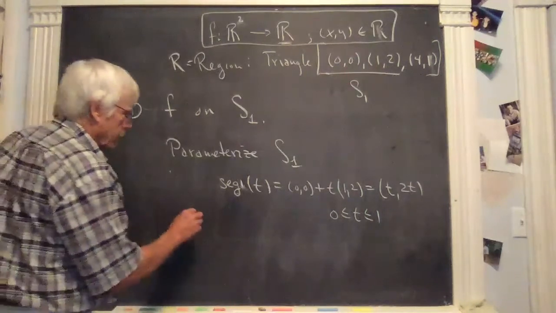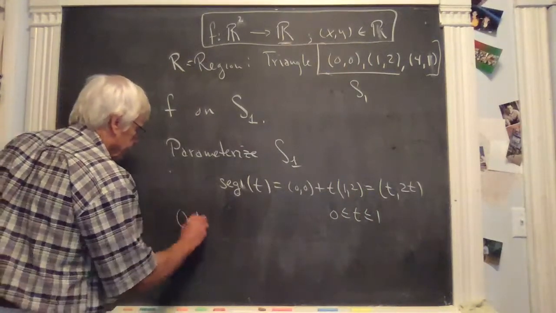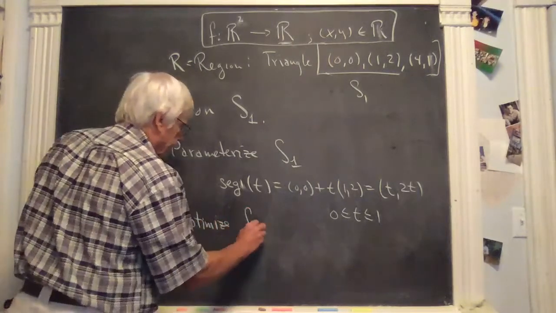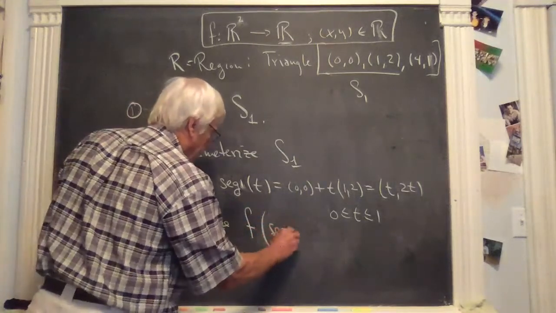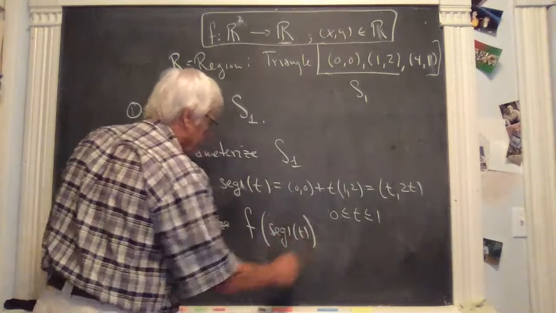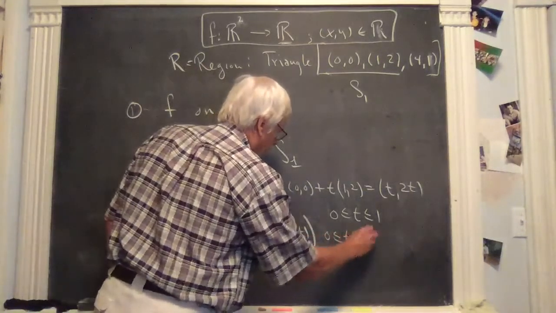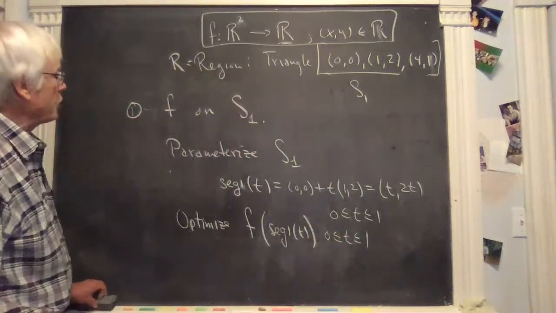And what we want to look at is we want to optimize f of seg1 of t, with 0 less than or equal to t less than or equal to 1. So that's what we want to do.